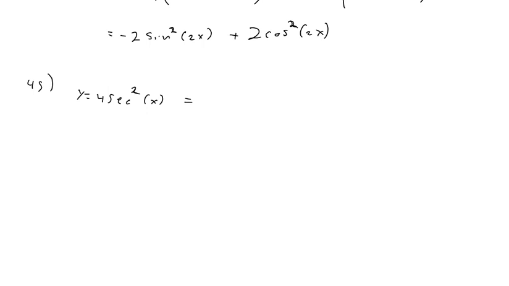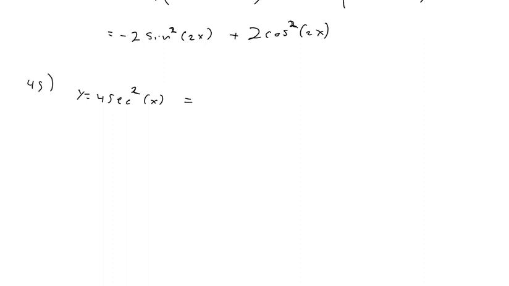I'm going to use the chain rule, or do I need to use the chain rule for this? How do we see this? Is there an outside part? Is there an inside part? This is just x here, so there's no inside part for the secant. But there's this squared. What does that mean? And there's a 4 here. How do we interpret this? What is this squared, like secant squared? Is that something we need to think about?